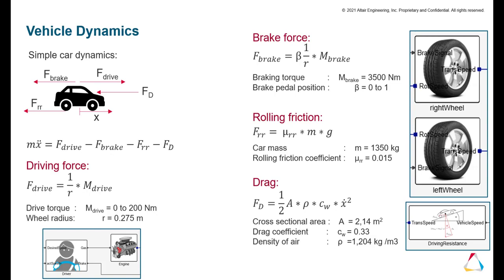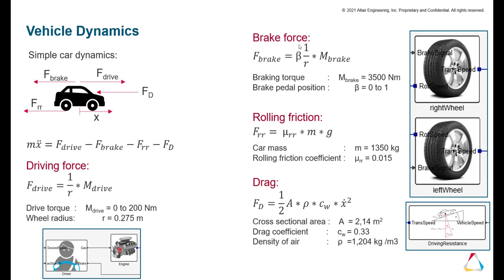This was applied via the driver block, which creates an acceleration signal in order to maintain our driving profile, our velocity profile, which sends a signal to the engine to apply this force, this torque, onto the drive axle, the powertrain.